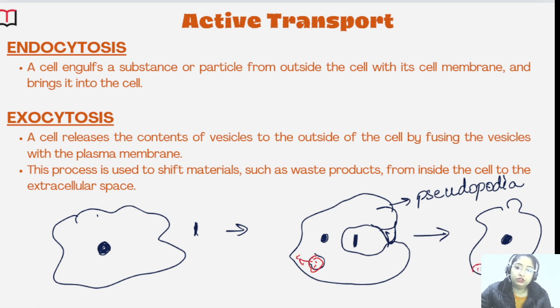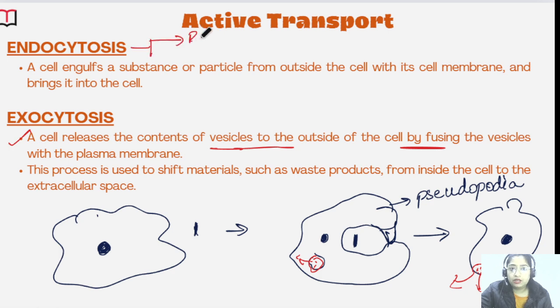It merges with the plasma membrane, and then all of these waste products are released out of the cell. This process is called exocytosis. The cell releases the contents of the vesicles to the outside of the cell by fusing the vesicles with the plasma membrane. I hope this is clear to all of you. One more thing, endocytosis has two types.